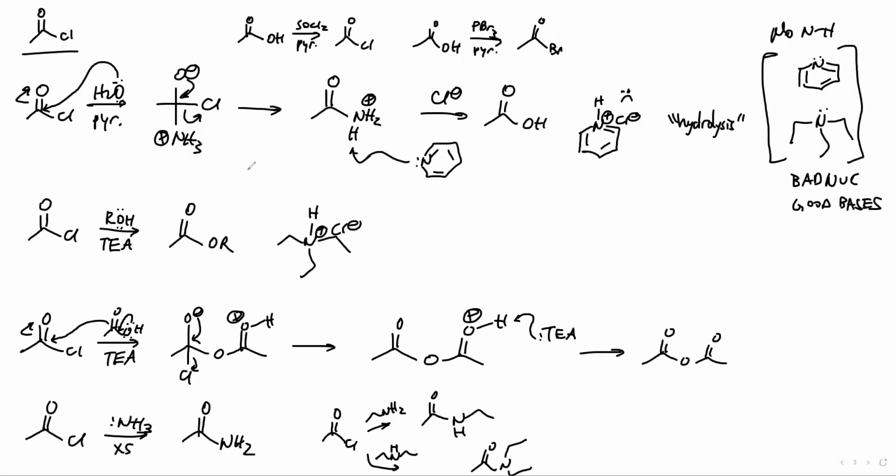I also want you guys to notice how we used a lot of neutral nucleophiles, right? No catalyst. And again, that is all about how reactive that leaving group is, or how reactive the acyl halide is in general. So neutral nucleophiles will do the job. Don't use catalysts for these reactions.